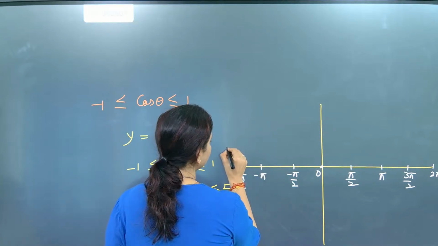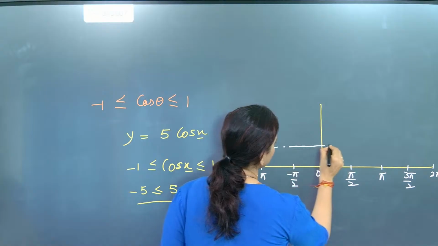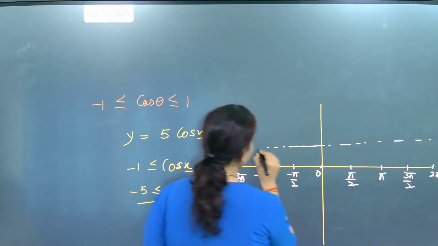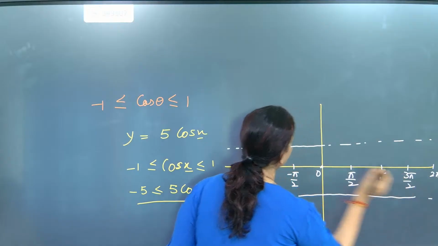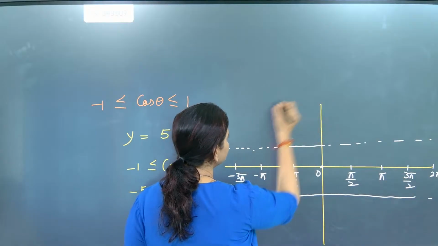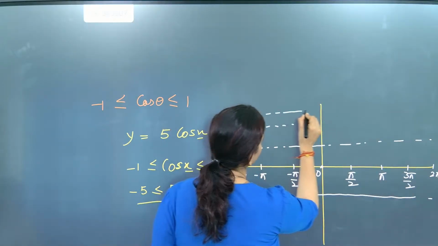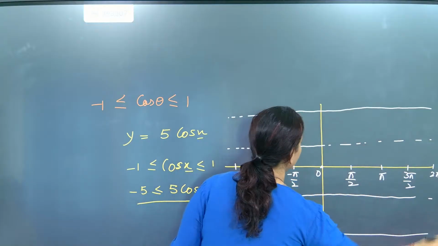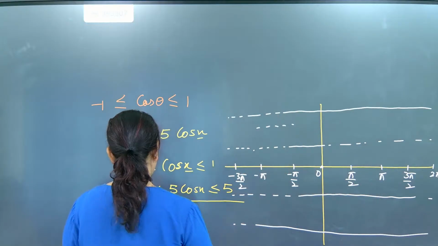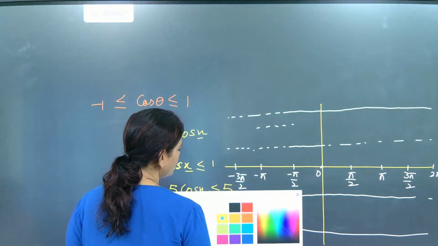First we will draw our respective graph of cos, so that we can understand where the deviations are coming and how. Let's take the minima and maxima once, and approximately I am just putting 5 here, just for understanding.